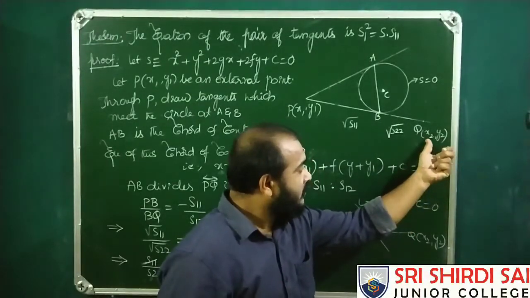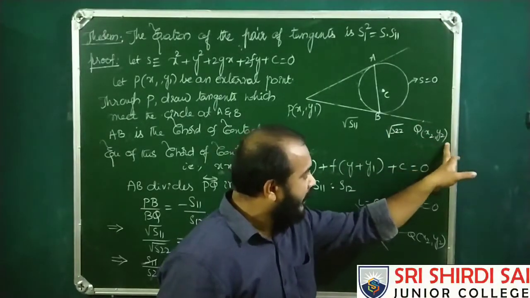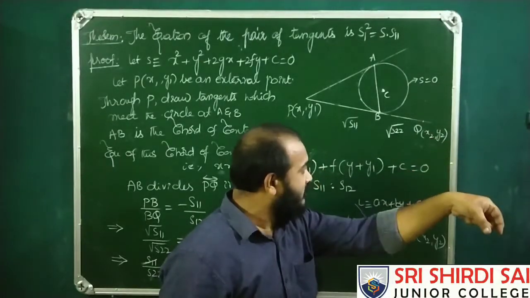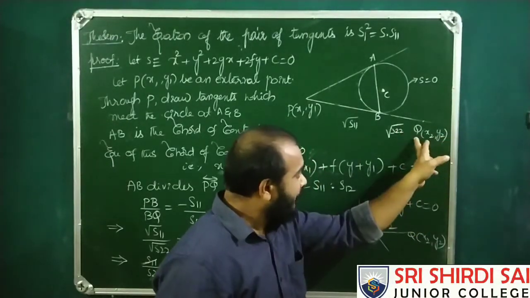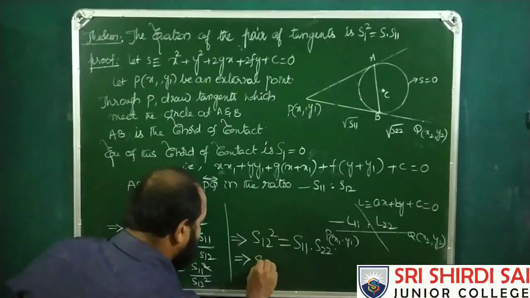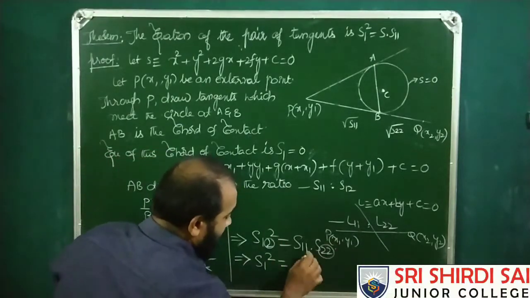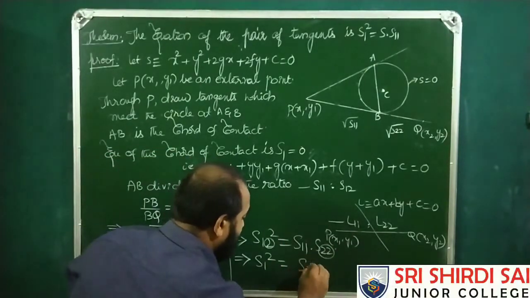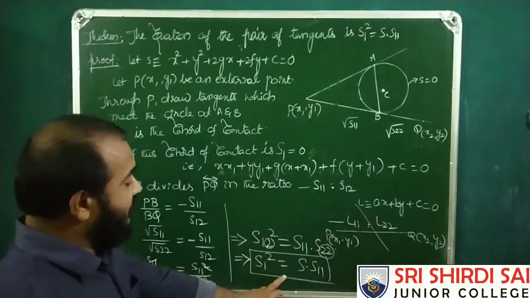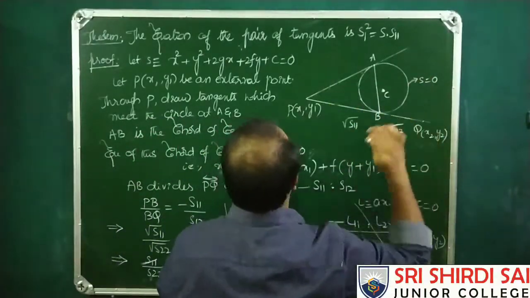Here, instead of x1, y1, we need to replace by x2, y2. Simply, we used to remove the ones earlier, so we need to remove the 2's here. So S1 square is equal to S into S11. S1 square equals S S11 is the equation of this pair of tangents.